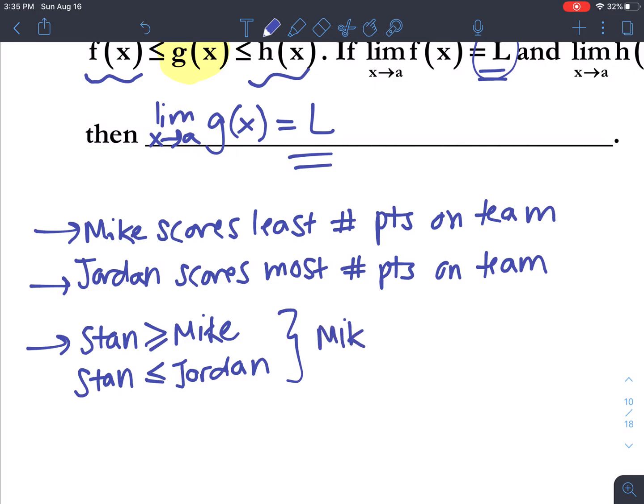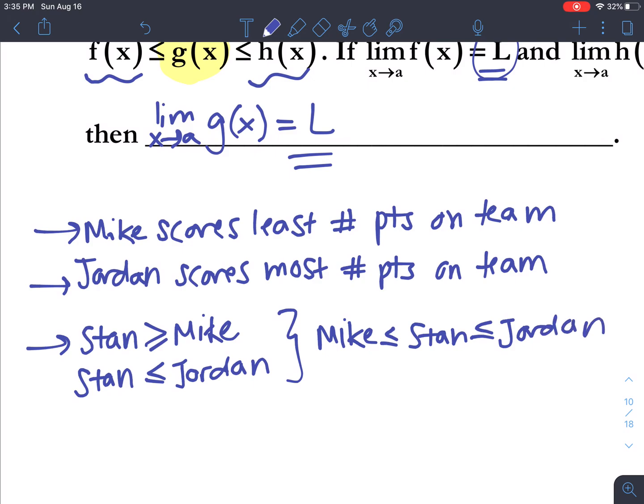Mike scores the least. Stan scores in between them every single time. If Mike has 15 points and Jordan has 25 points, then Stan scored somewhere in between. Maybe he scored 20 points. That's another way to write this with inequalities.